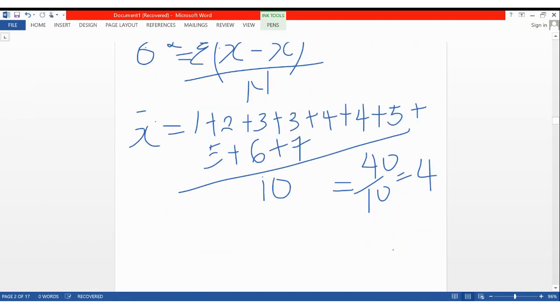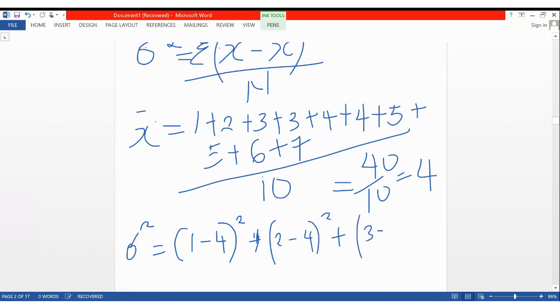So the first number is 1 minus 4, I square it, plus 2 minus 4, I square it, plus 3 minus 4, I square it, plus 3 minus 4, I square it, plus 4 minus 4, I square it. It is a lengthy one.